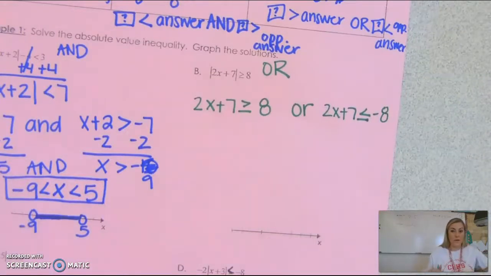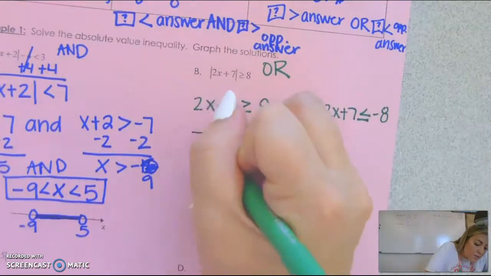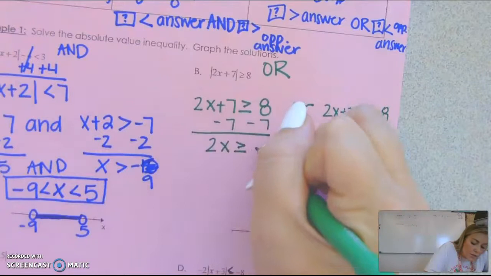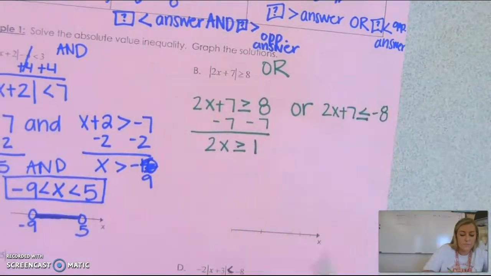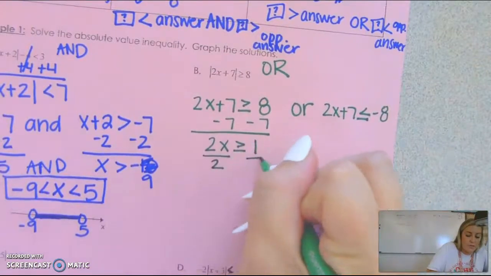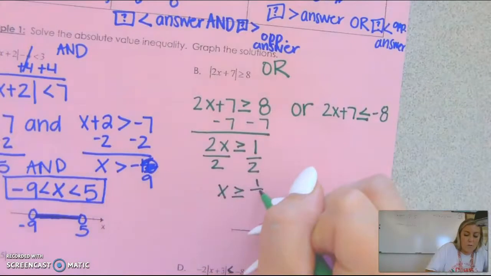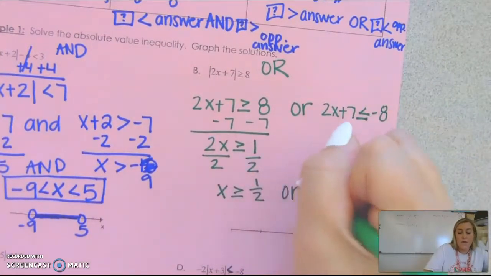Now I'm just solving. So first I would subtract the 7 to solve. I get 2x is greater than or equal to 1 and divide by 2. So we get 1/2 or 0.5. Then I'm going to write my OR in the middle.